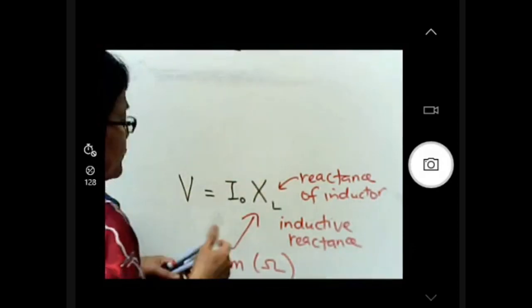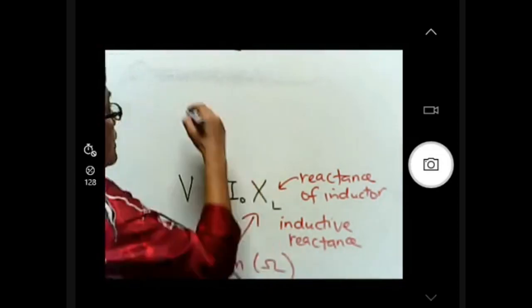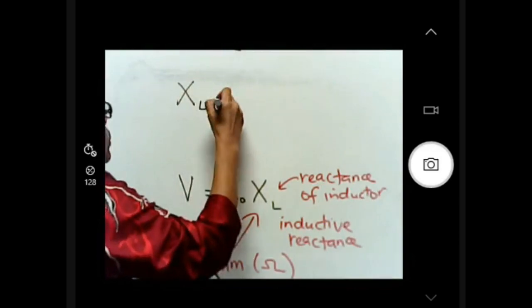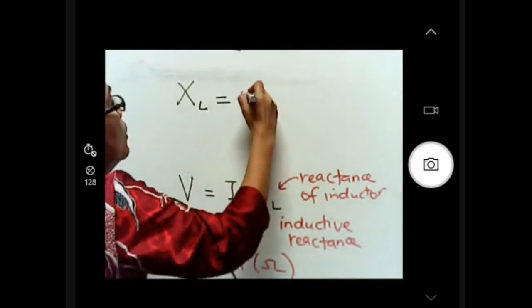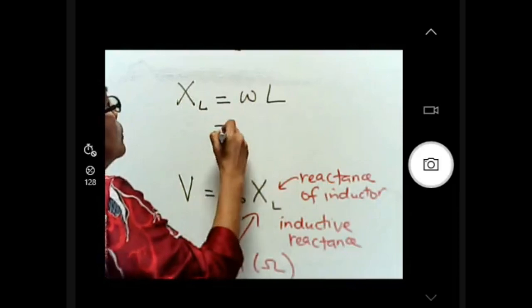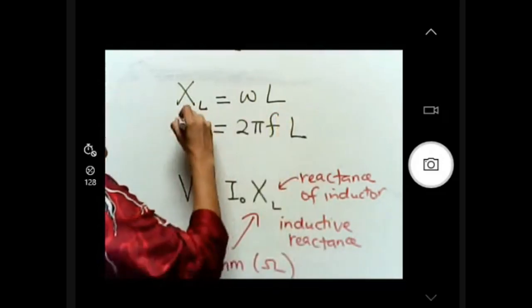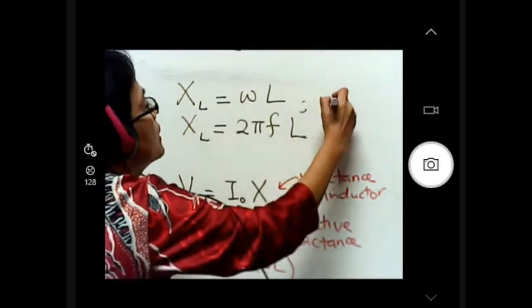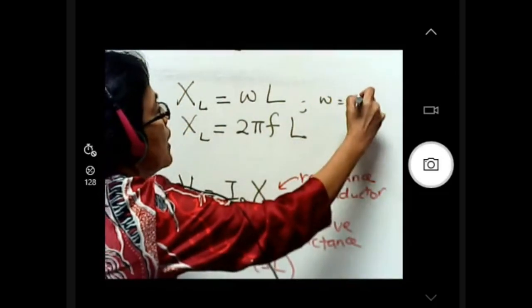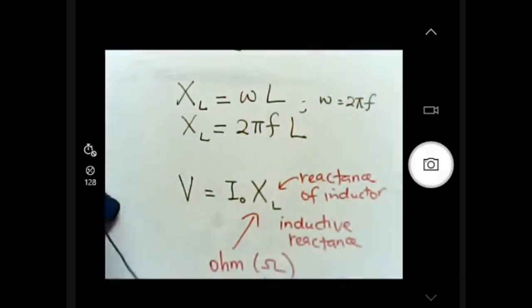Reactance of inductor is equal to omega L, or equal to 2 pi f L, because omega is 2 times pi times frequency.